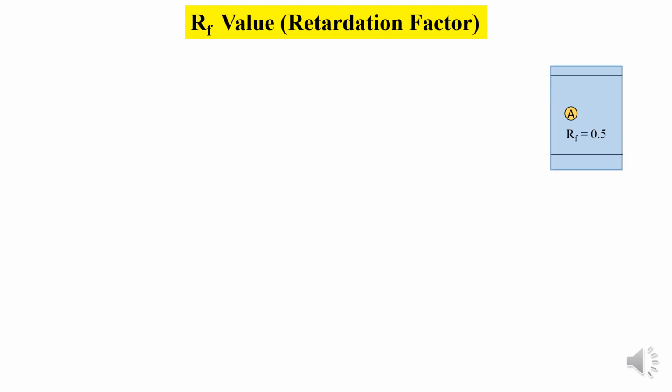We have run a paper chromatography for the sample aspirin labeled as A, and the RF value was found to be 0.5. How do you calculate the RF value and what are the requirements for calculating the RF value?